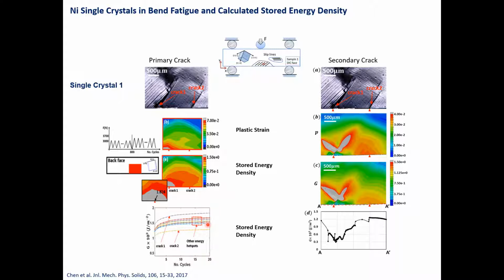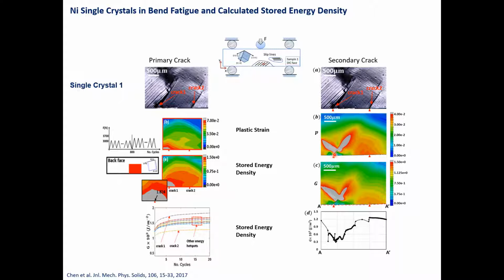Just addressing this second crack briefly then, knowing that the crack nucleates here and grows, we know that that's going to lead to very significant redistribution of all the key quantities of stress, slip, stored energy. So we explicitly introduce a crack using XFEM within our crystal plasticity formulation. And of course, you get the bands of slip ahead of the crack tip, are very concentrated.